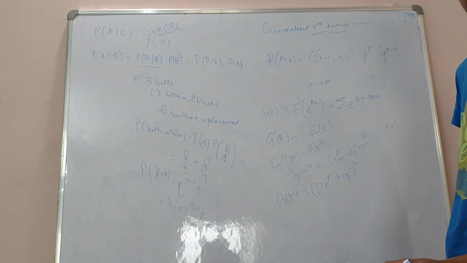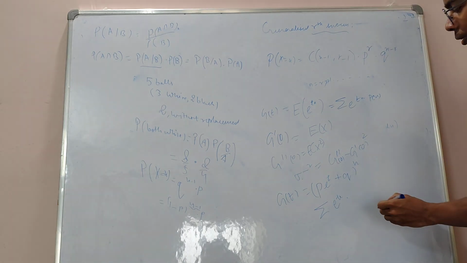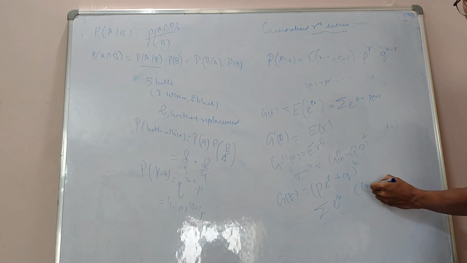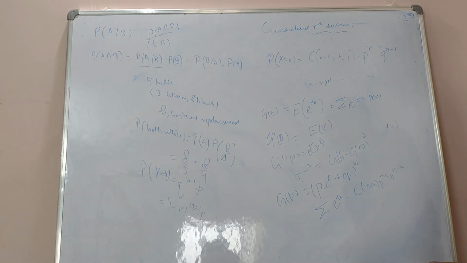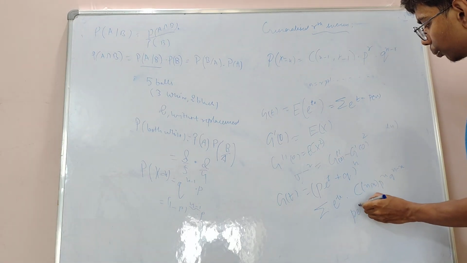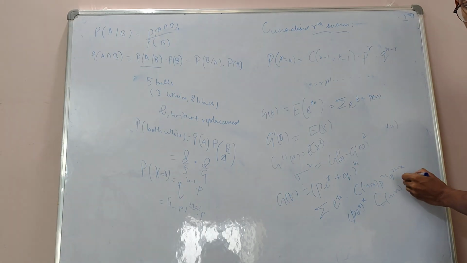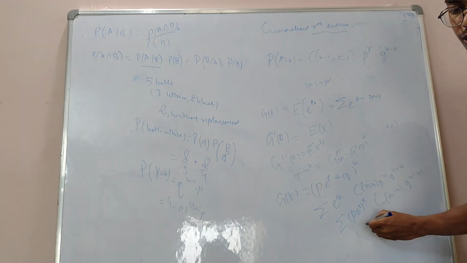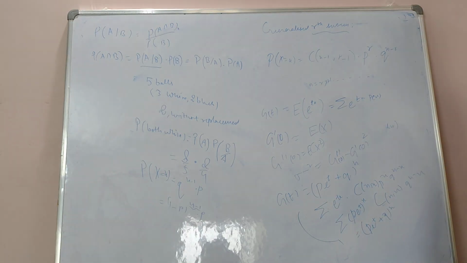This will be written as the summation of e to the power tx, combination of n comma x, p to the power x, q to the power n minus x, which is the summation of (p e to the power t) to the power x, combination of n comma x, and q to the power n minus x. This will be written as (p e to the power t plus q) to the power n.